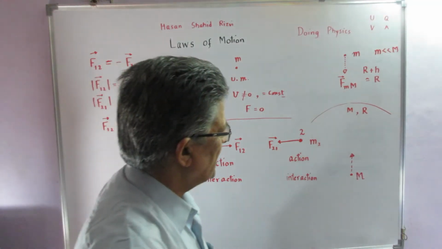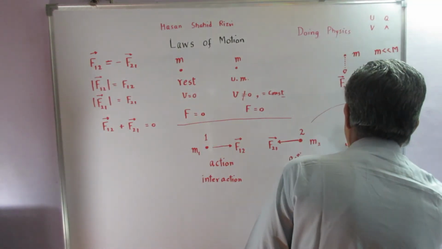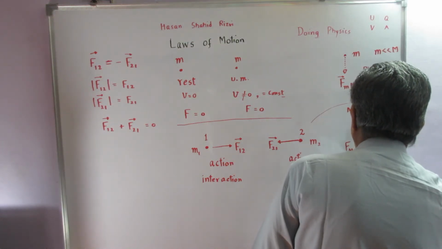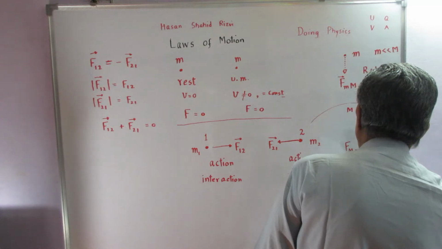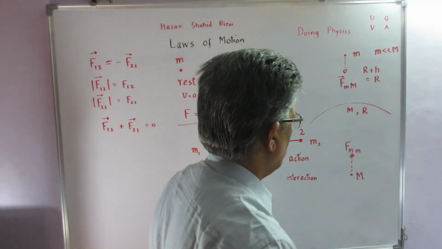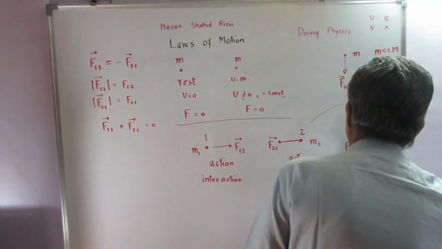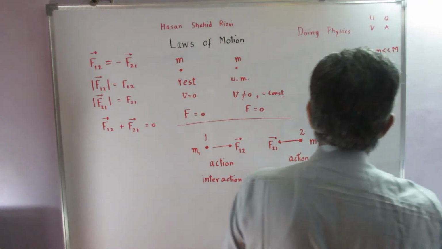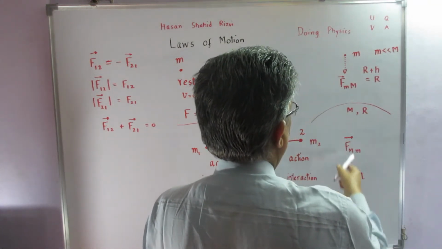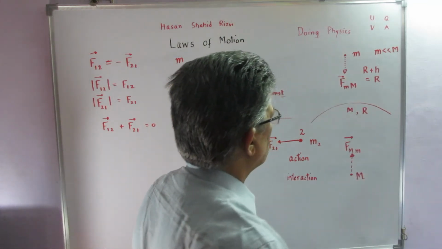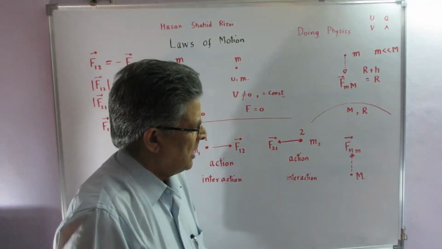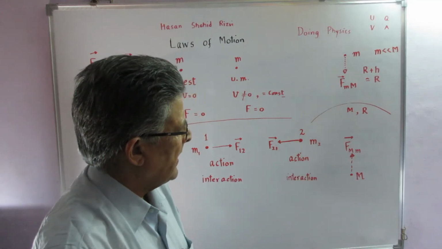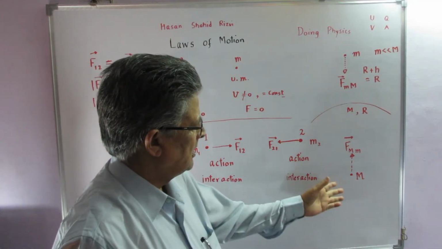And this pair force I can write as F on body M due to the body of mass small m. The two forces are in the line joining the center of the earth and the position of the mass. So all the time, now somebody asks, what do you mean?